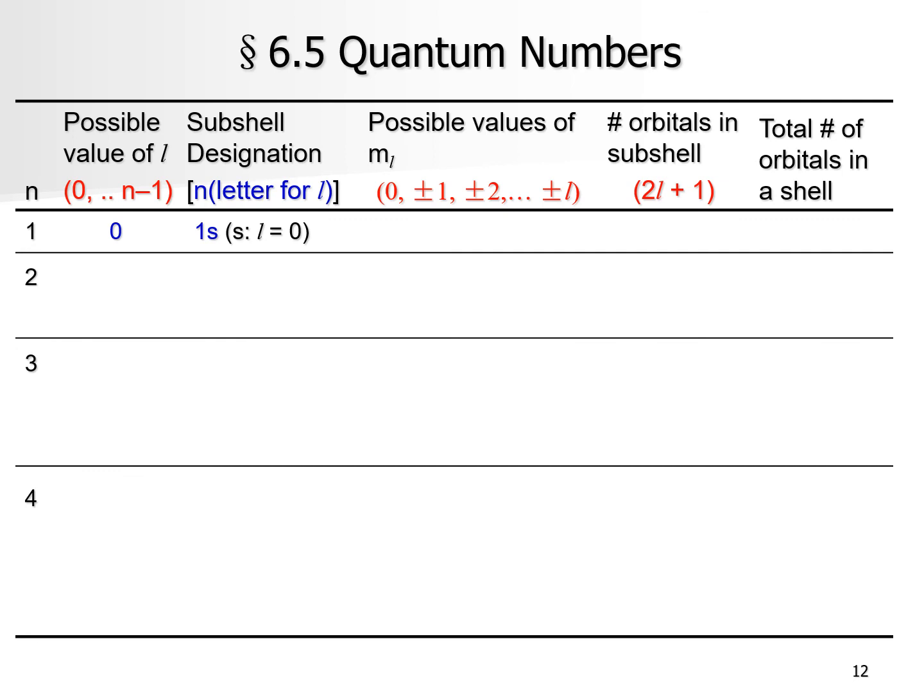If L equals 0, we understand M sub L is equal to 0. Do we have a plus minus 1? No, we don't. Because if L equals 0, the limit is plus minus 0, which is 0 itself. So we only got 1 possible value of M sub L. Since there's only 1 value, there's 1 orbital. 2 times 0 plus 1 gives us 1 in mathematics.